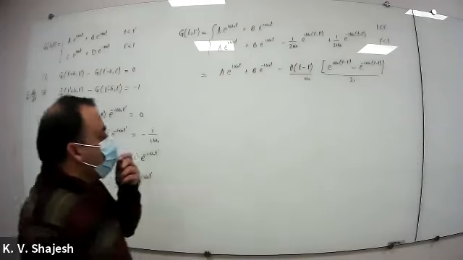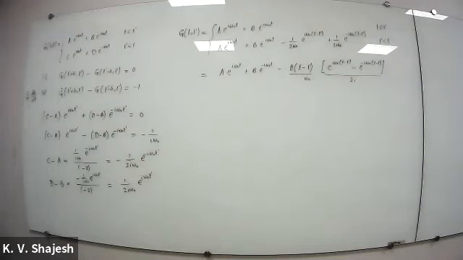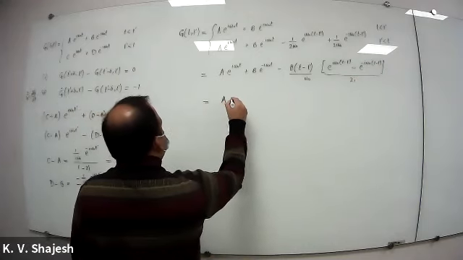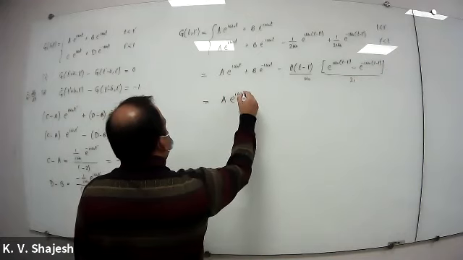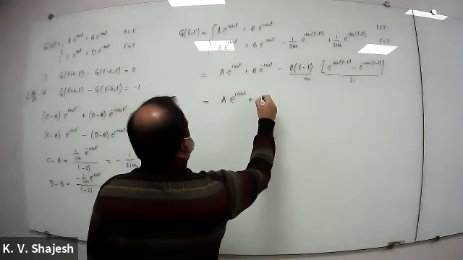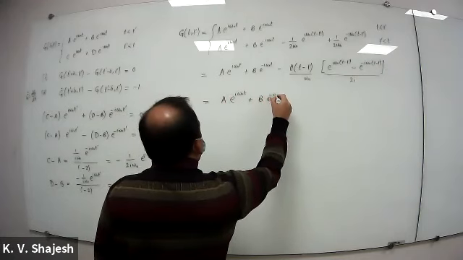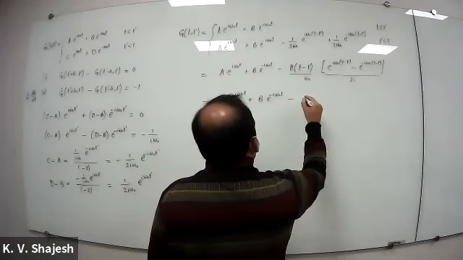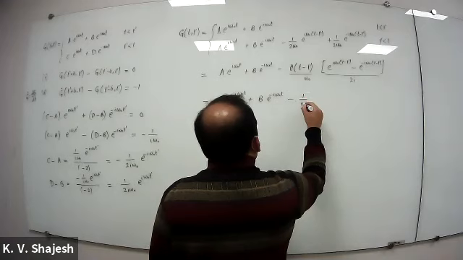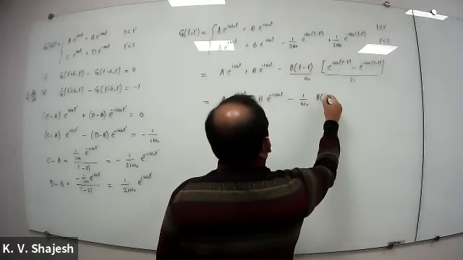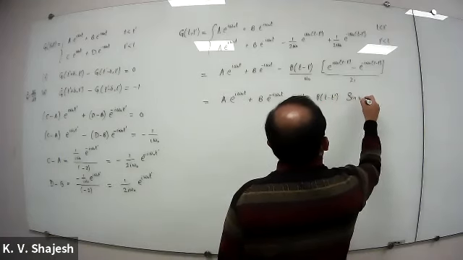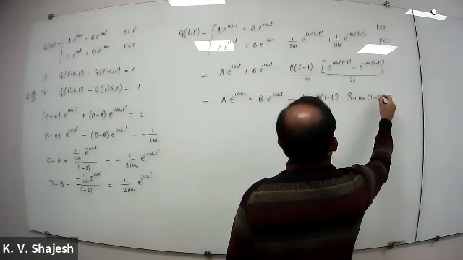And as Jordan pointed out, that's actually a sine function. So our general solution here is A times e raised to I omega naught t plus B times e raised to minus I omega naught t, minus 1 over omega naught times theta of (t minus t prime) times sine of omega naught (t minus t prime).